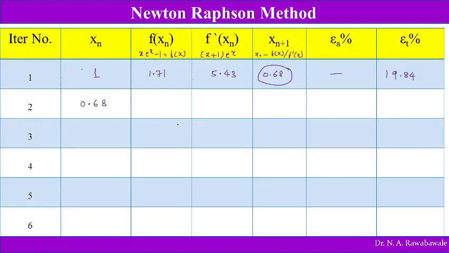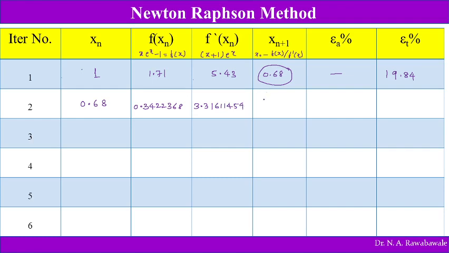On substitution of 0.68 in this function, we get the function value as 0.3422368, and on substituting this x value, 0.68, in the derivative of this function, we get this as 3.31611459.